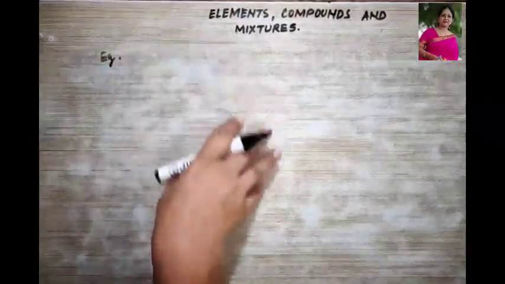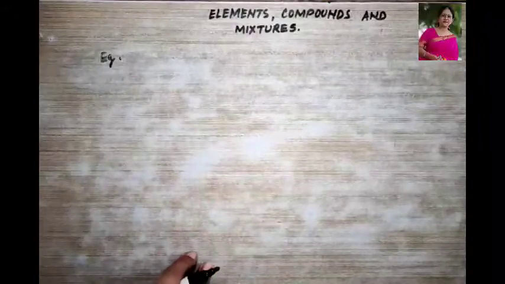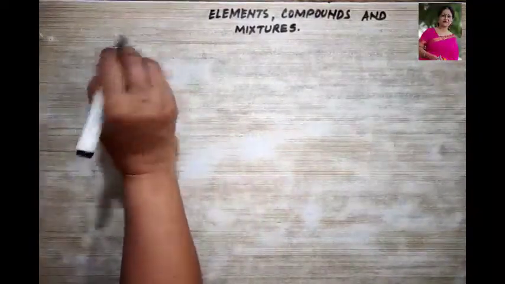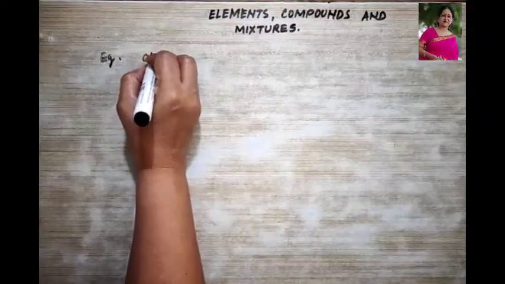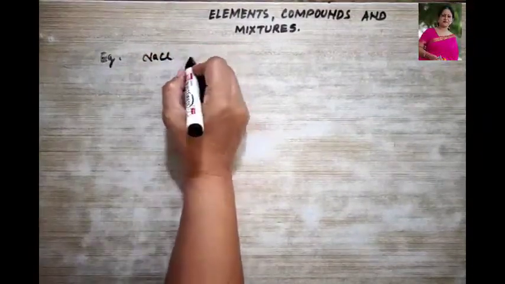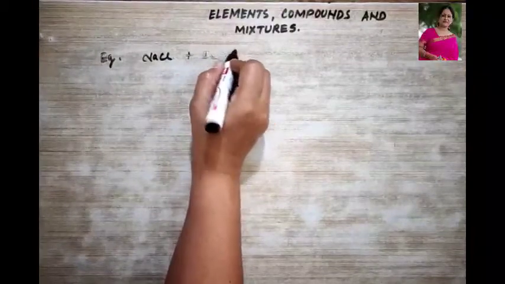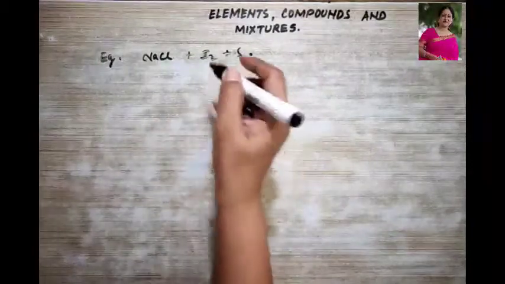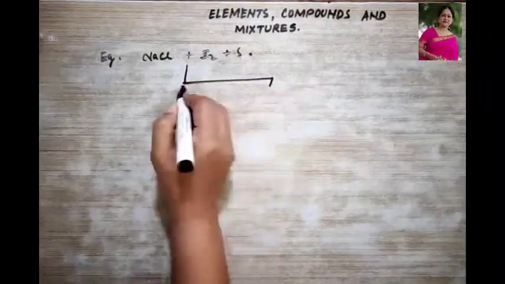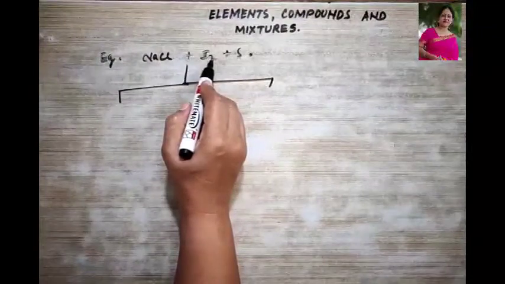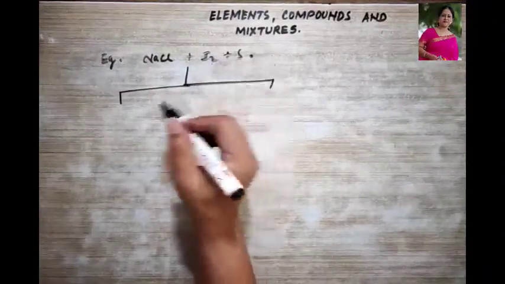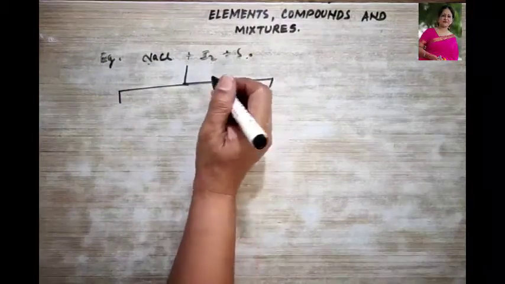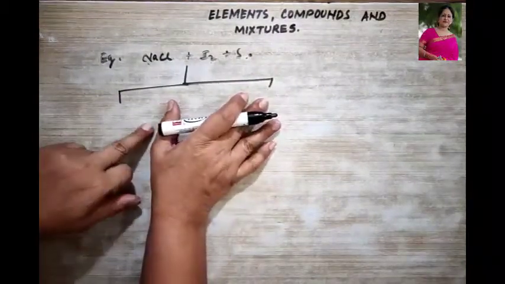And how are we going to show it? Not in the form of writing down your paragraphs, but to show it in the form of a flow chart. So let's take common NaCl, then iodine and sulfur is taken. Okay. So what do we do over here? First we judge NaCl, iodine and sulfur is there. So all these three mixtures have to be separated. Okay, I'm showing it to you through the flow chart.